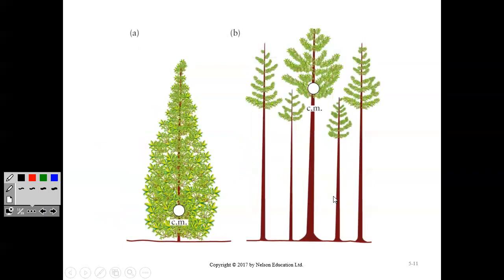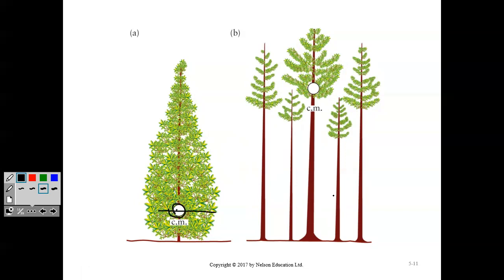Some examples of the center of mass: shrubs and trees that grow individually, I mean an individual tree, not in a forest, of the same species. When they are grown separately, you tend to see the center of mass of the object is at the bottom, right?